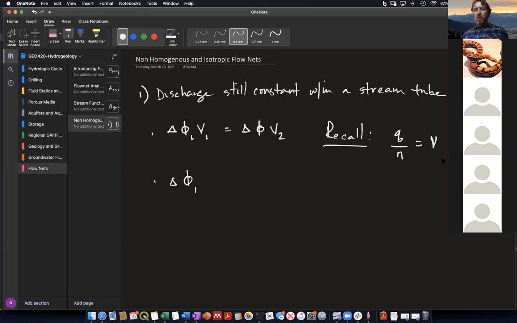So here I could write V1 is equal to Q over n, which is equal to negative K delta H over delta X divided by n.